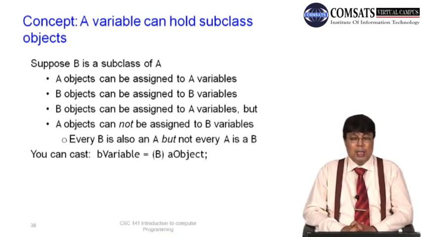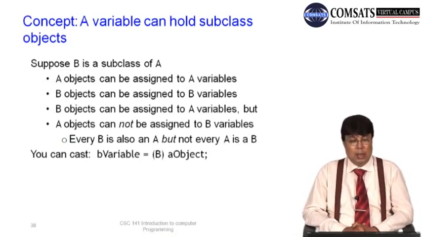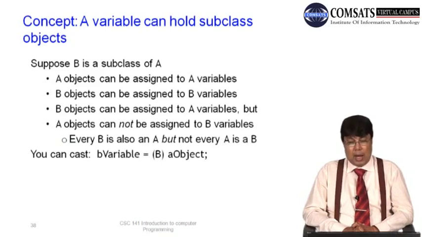So suppose B is a subclass of A, meaning B is a child of A. So an A object can be assigned to an A variable because they are at the same level. A B object can be assigned to a B variable. Then a B object can be assigned to an A variable. Why? Because B is the subclass of A.